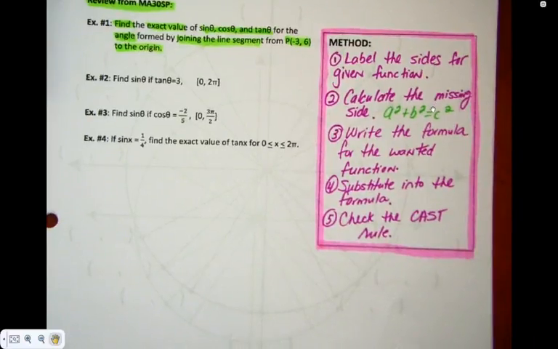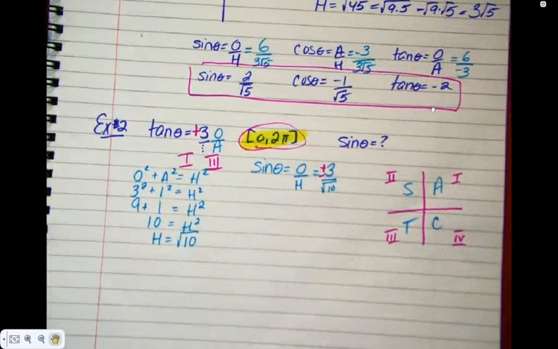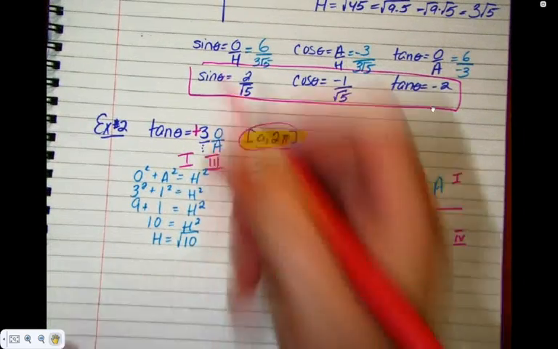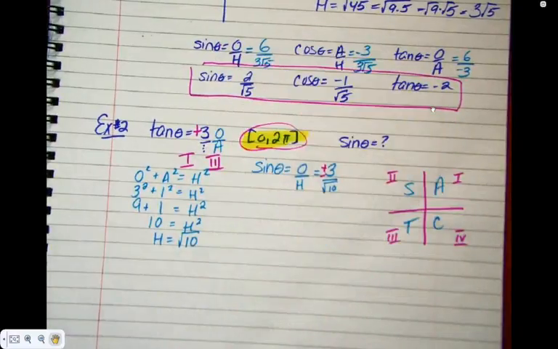For substitute into the formula, and I added if you want, this is where you'd reduce, so reduce if necessary, reduce if you want to, whatever. I'm going to go back to the last example, and I'm going to label where we did all of the steps. Oh, sorry, check the CAST rule.